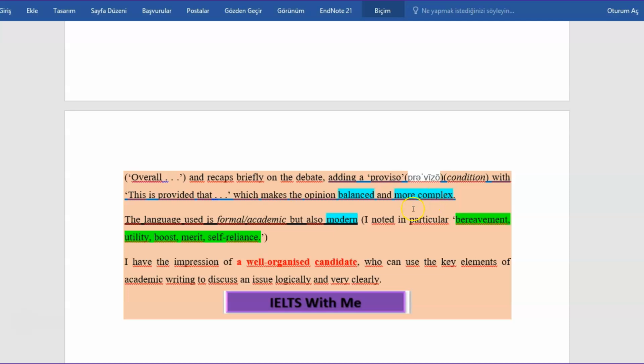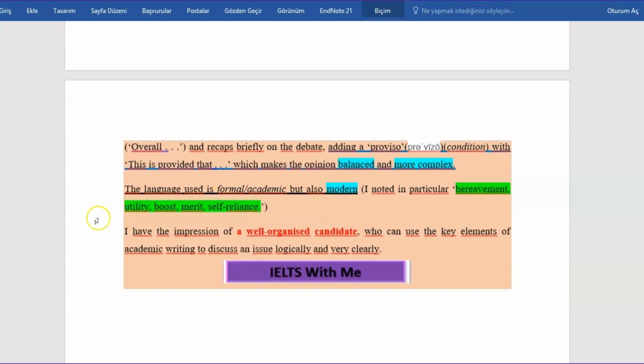Okay, and about the language used here, it's formal, it's academic, and also it's modern: bereavement, utility, boost, merit, self-reliance, self-esteem, right? And at the end, we can say that this is a pretty well organized essay, and everything is logical and pretty clear here.